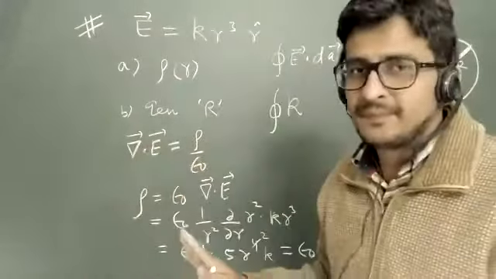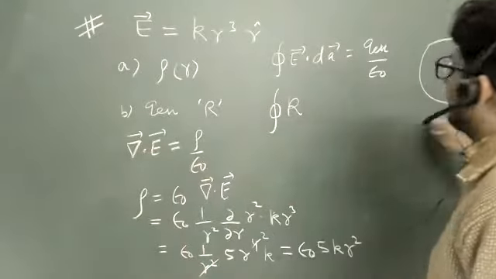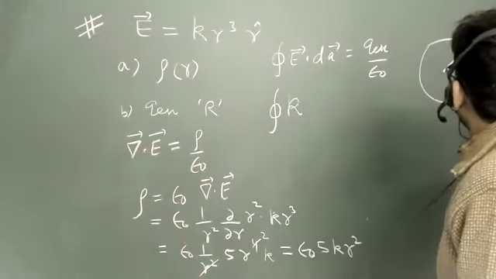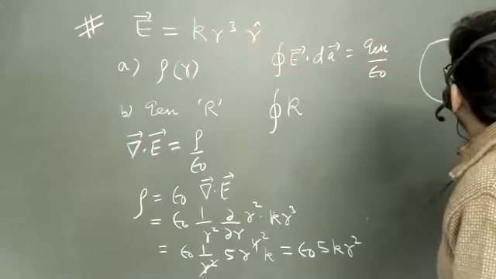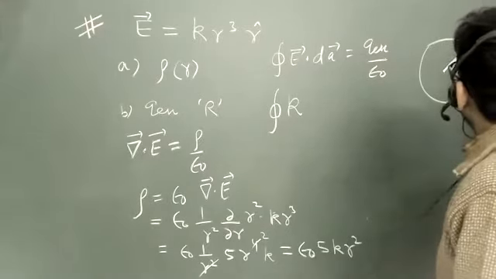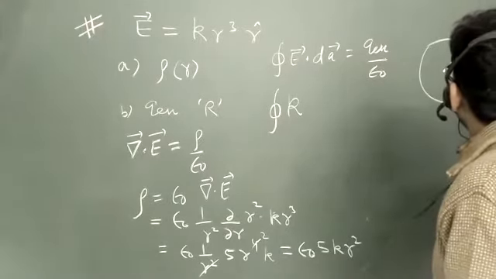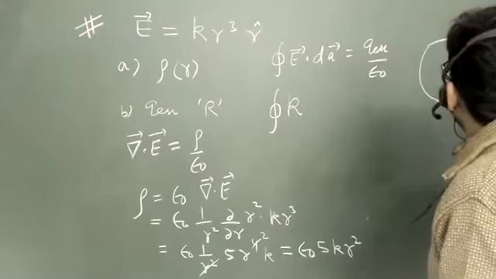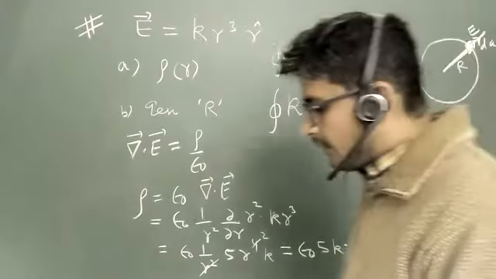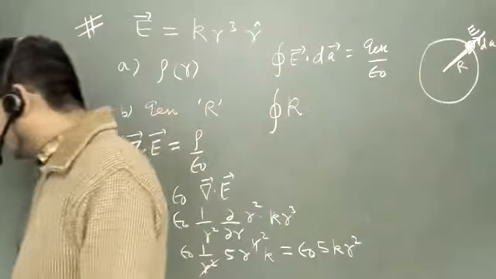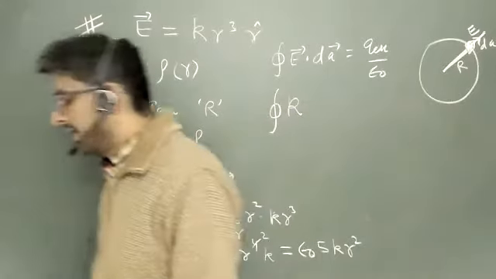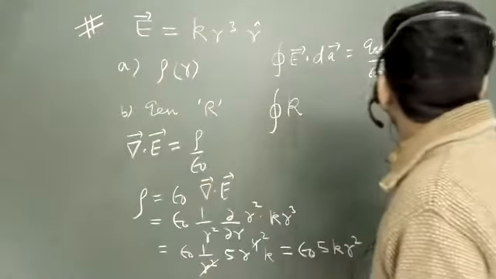Both are same, but this time you already know the profile of the electric field here, and you know the area vector also, this small patch. So what is the profile of the electric field at this point?